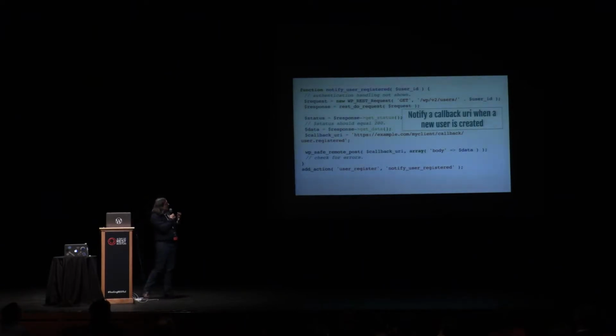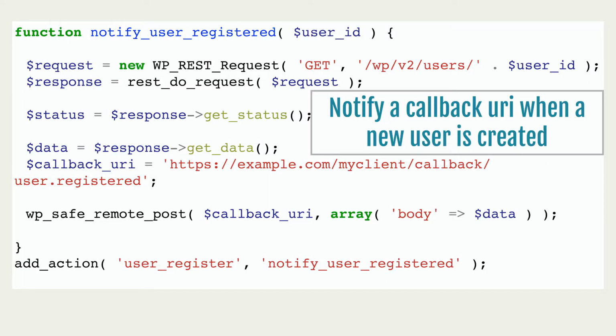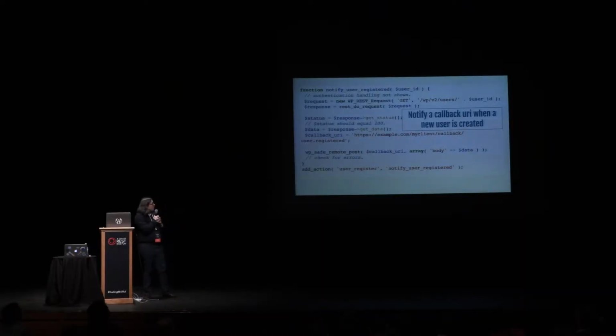If so, I'm going to get the data from the response that it returned to me, and here I've just hard coded a callback URI. I'm going to send this request to this example.com URL, and I'm going to use wp_safe_remote_post, and pass the response data along to the callback URI that I have here, and send it.